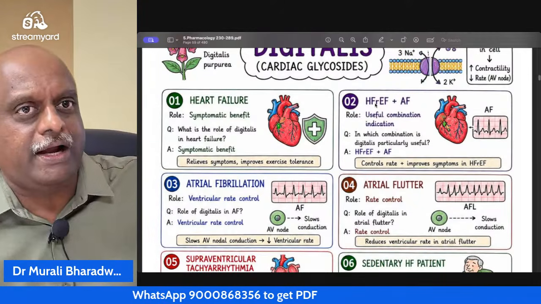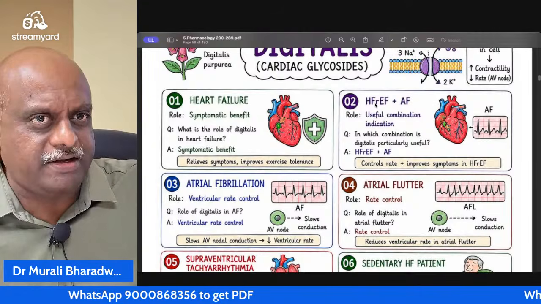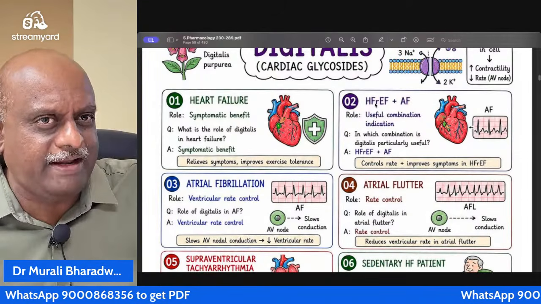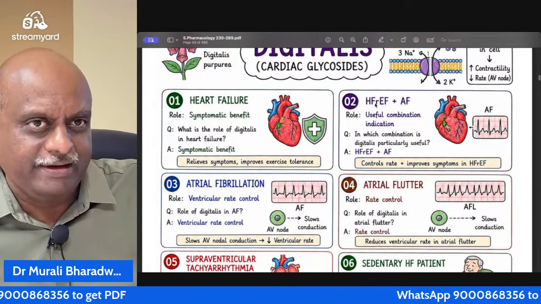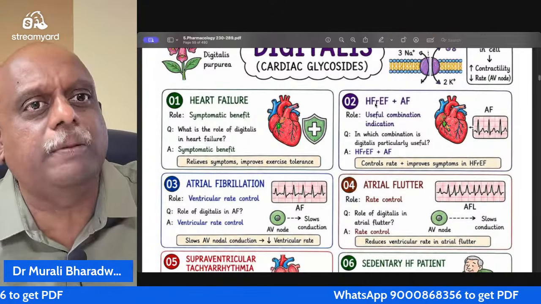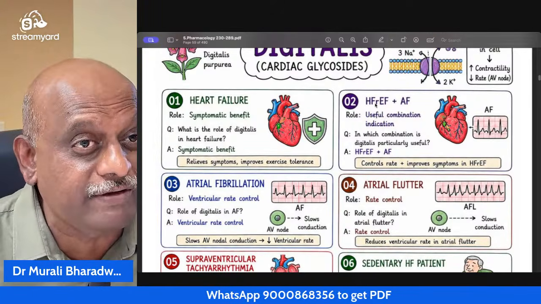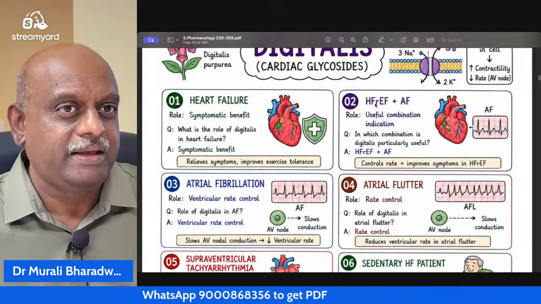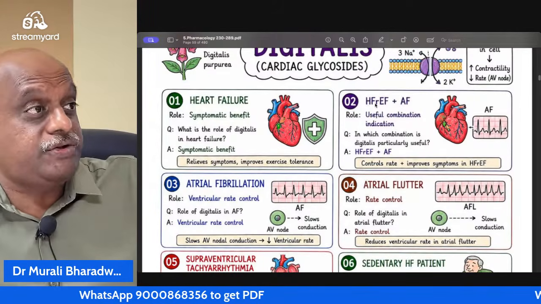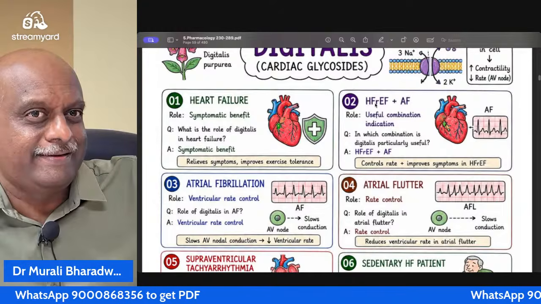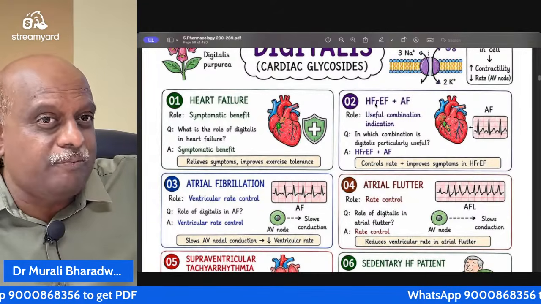If the myocardium is ischemic or infarcted, the pump ability will decrease. Then the heart cannot pump during systole, and that leads to heart failure with reduced ejection fraction. Whereas if it is a hypertensive, hypertrophied heart, it is non-compliant.